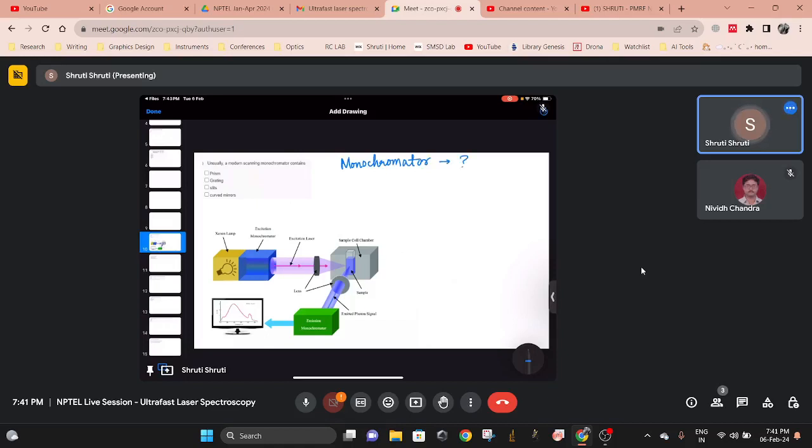What is a monochromator? Can you answer this? Yes, the light is polychromatic, so it splits the light into many different wavelengths. It can be used with excitation and emission both. Yes, so a monochromator is a part of a spectrophotometer which allows you to choose the wavelength or to separate the wavelengths.